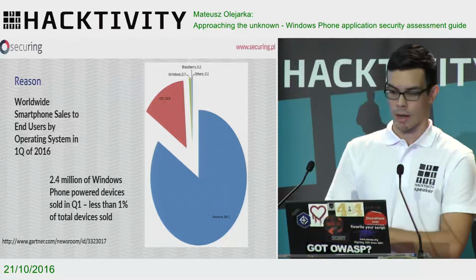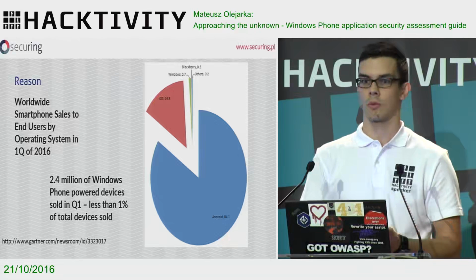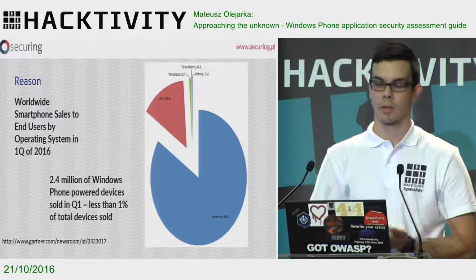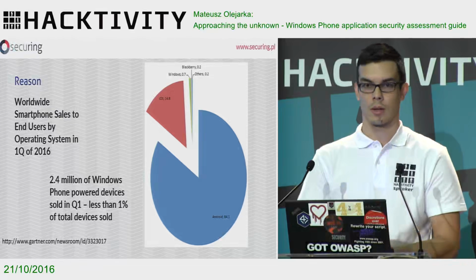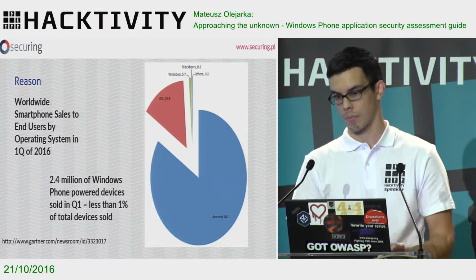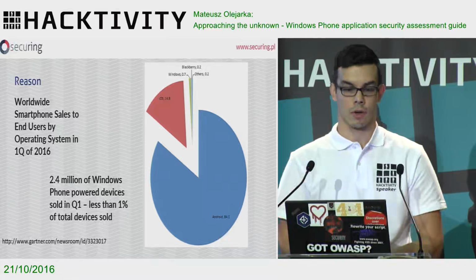Third reason is that I was unable to find some guide how to approach security assessment of such an application. There are some materials online about the Windows Phone security itself, but not much about an application assessment, so I thought maybe I will create a guide, and this is the third reason for this talk.